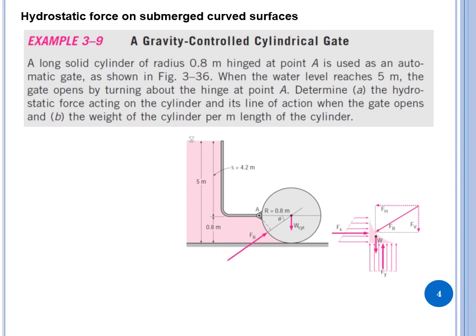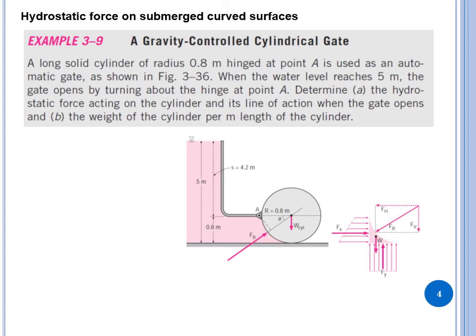Now the second part is we need to find out weight of the cylinder per meter length of the cylinder. So when the gate is about to open, it means at that point the forces which are being applied by the fluid is equal to the weight of the cylinder. So if we can find out the moments and we add those moments up, that should give us 0 when the gate is about to open.